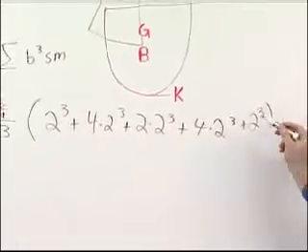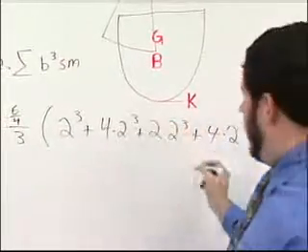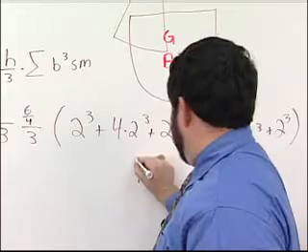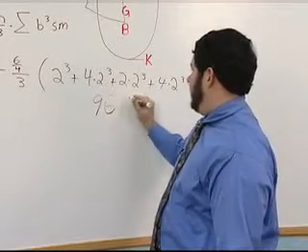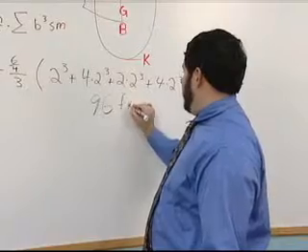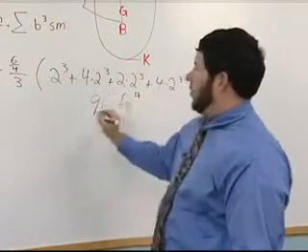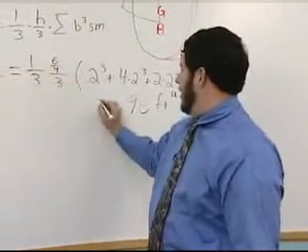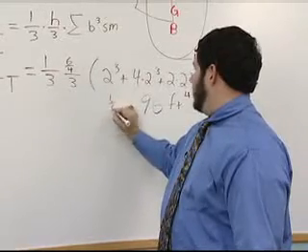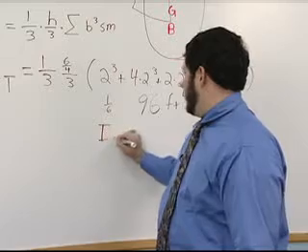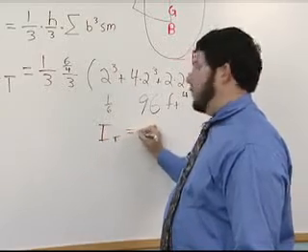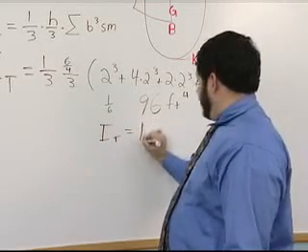And if we combine this, we get an answer of 96 inside the brackets. And the units on this are going to be feet to the fourth. And if we multiply that then by the outside, which is 1/6, we'll get a total IT of 16.